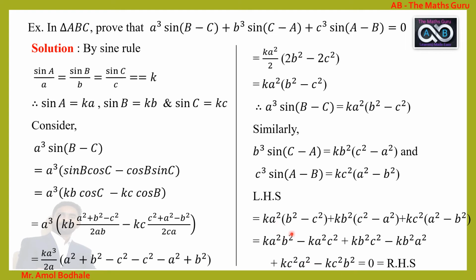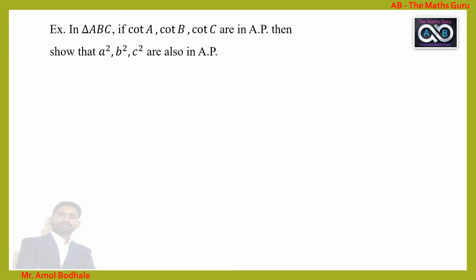Here we can cancel k a square b square with k b square a square, k a square c square with k c square a square, and positive k b square c square with negative k c square b square. So we get 0, which is the required RHS. In this way we can prove this. Let's see the next example.